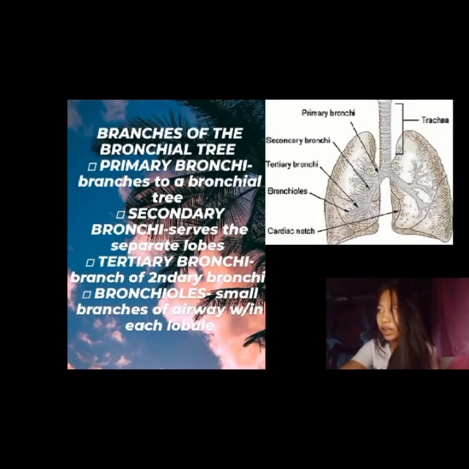Branches of the bronchial tree: primary bronchi branch into the bronchial tree. Secondary bronchi serve the separate lobes. Tertiary bronchi branch off secondary bronchi, and the bronchioles are small branches of airway within each lobule.